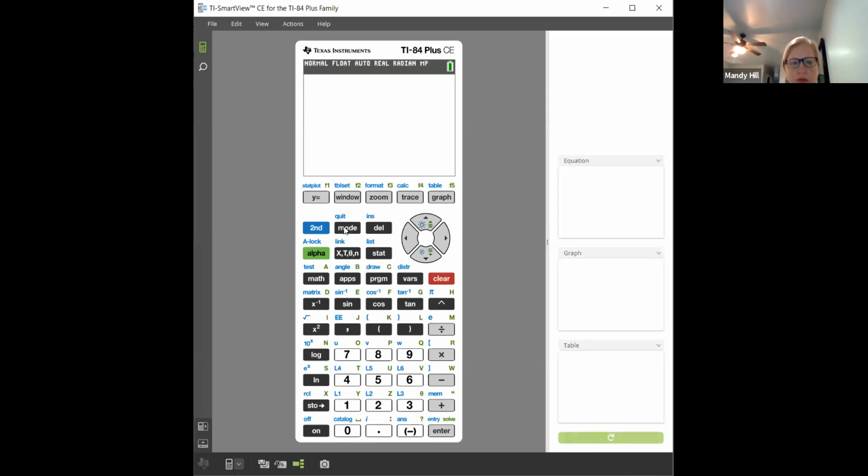So the first matrix that we need to type in is a 2 by 2 matrix. So I'm going to go second, x to the -1, because if you'll look closely, we have the word matrix written above that. Now we want to edit the matrices so that we can put in there what actually is in that matrix.